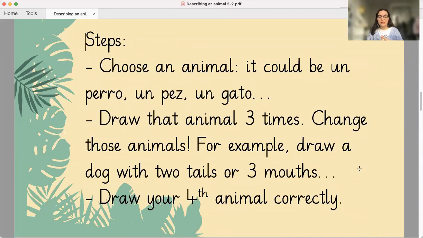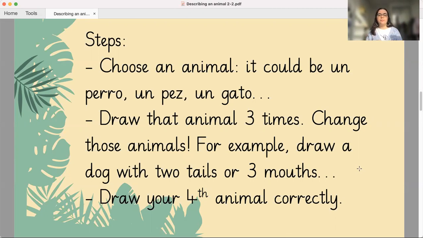So these are the steps we are going to follow. We are going to choose an animal, and it could be the animal that you want. It could be un perro, un pez, un gato. Maybe you can look on the internet for your favorite animal name in Spanish and draw that, okay? Then we are going to draw that animal 3 times, 3 veces. And we need to change those animals.